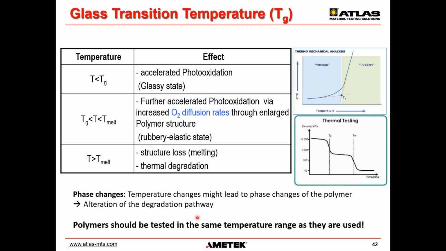So you have to be very careful with the test parameters in artificial testing to consider an appropriate temperature for the glass transition temperature. That's very critical. And one of the most frequent reasons I don't see good weathering results is that the glass transition temperature is not considered.